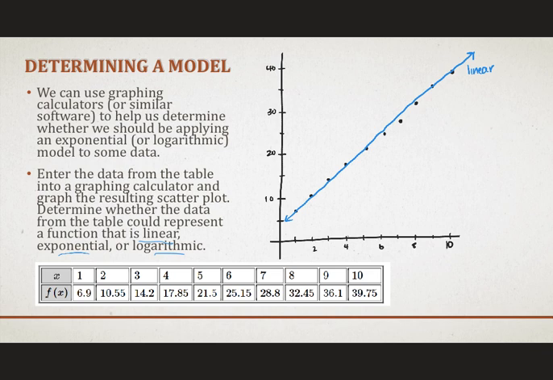Okay. Now, if this was something that was exponential, then it would be data that kind of has an exponential growth pattern to it. We should expect it to kind of curve upward in one way or another. If it was data that was logarithmic, then we would expect our data to kind of have more of an upward curve like this.